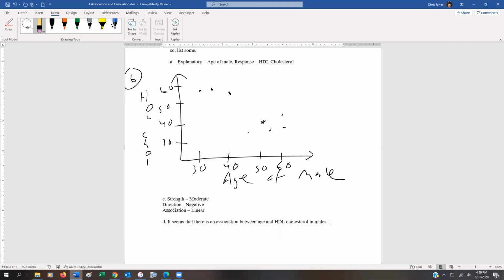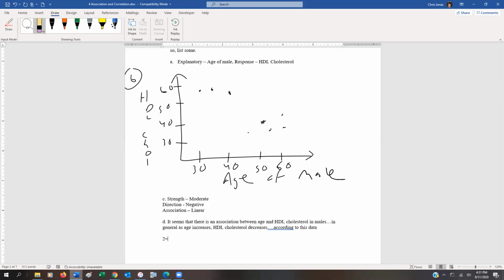And what that is, is that in general, as age increases, HDL cholesterol decreases, according to this data. Now if we got another 7 or 8 observations, it might tell us something completely different. So we have to be careful when we're describing our data.